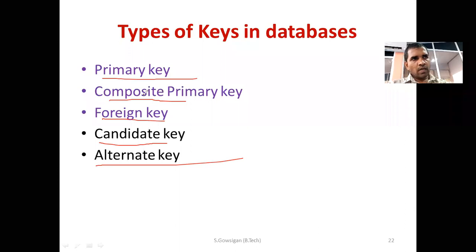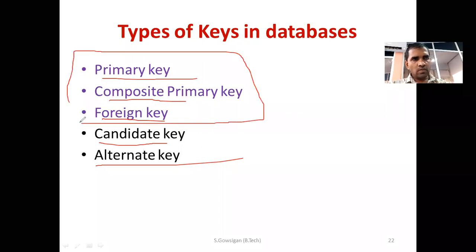Even though I have 5 keys, the first 3 are included in our syllabus. That's why I have shown them in a different color. These are important for you, not candidate key or alternate key. You can remember those names, but they are not important. So we have to understand primary key, composite primary key, and foreign key.